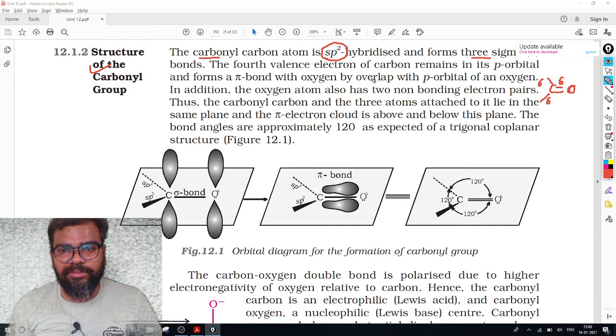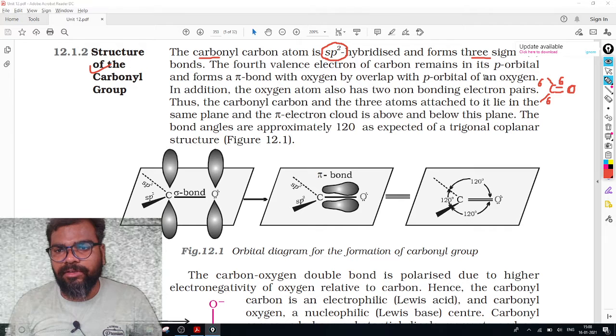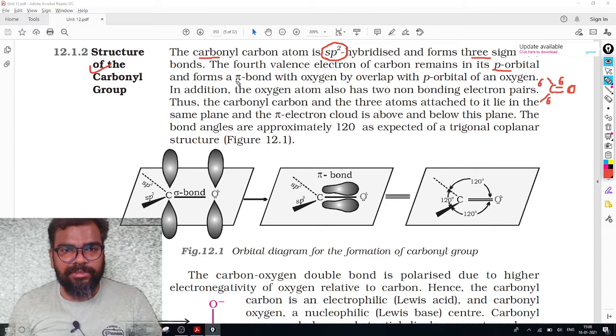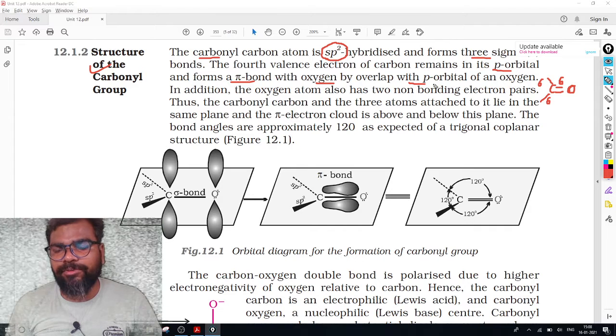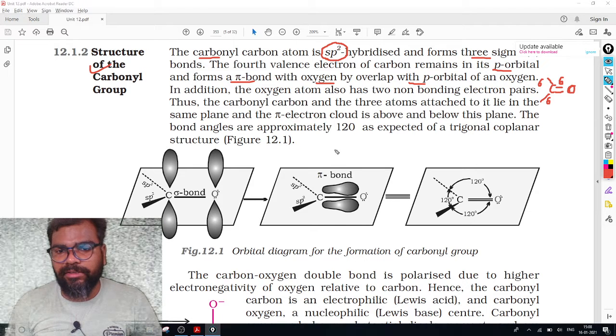The fourth valence electron of carbon remains in its p orbital and forms a pi bond with the oxygen by overlapping with the p orbital.